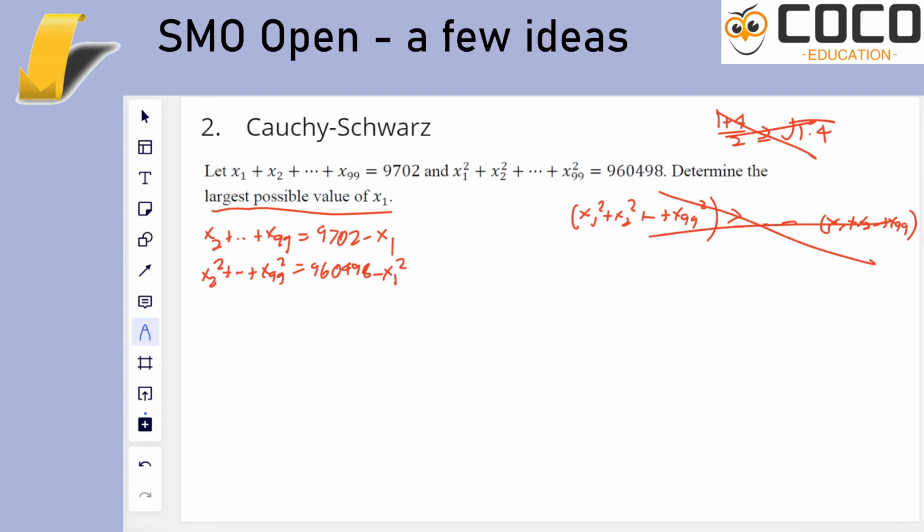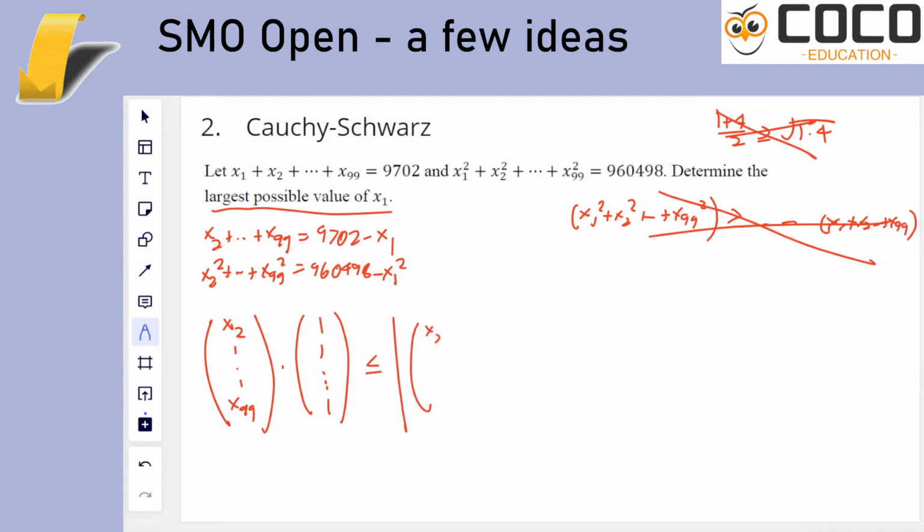So the rest of the values should be your focus. The rest of your values, meaning x2 to x99, can be compared. And I'm going to use the same vector approach to write it. This dot product is less than or equal to the magnitudes of these two vectors multiplied together.